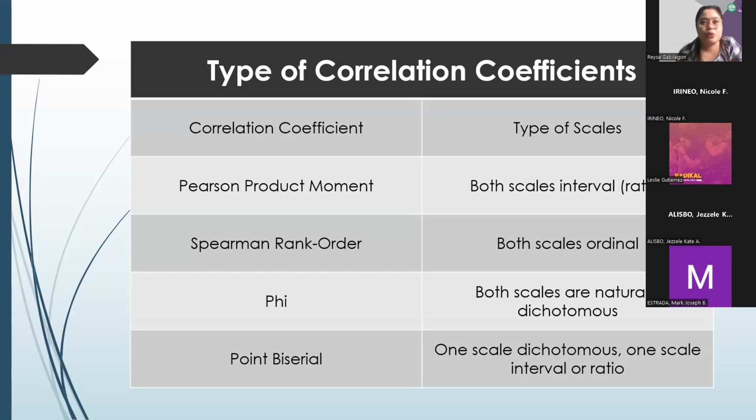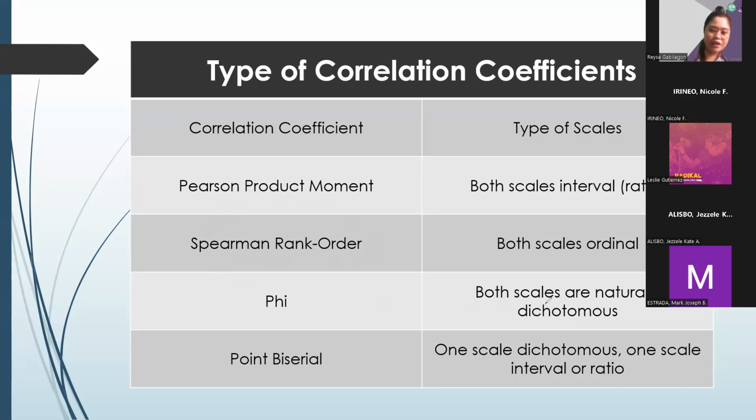I'm not sure if you are familiar with the Pearson correlation, but this is the parametric test we use if both variables are in interval or ratio scale. Now, if both scales are ordinal, this is the non-parametric equivalent of Pearson. We call that Spearman rank order.